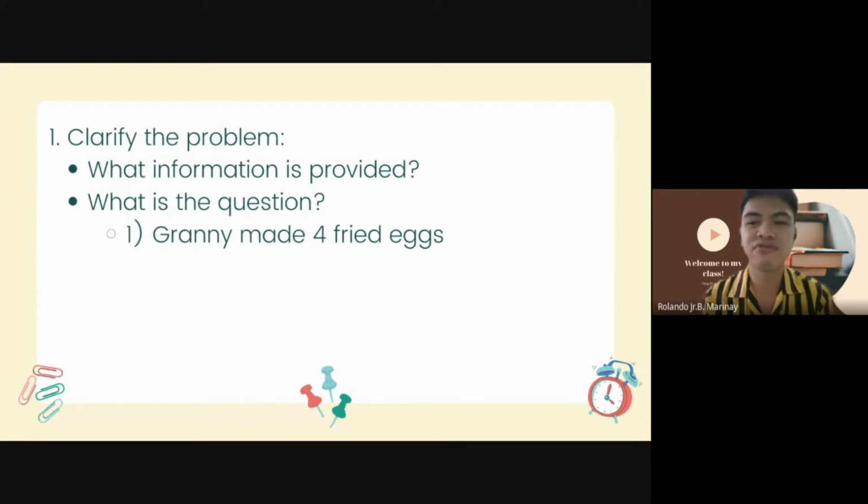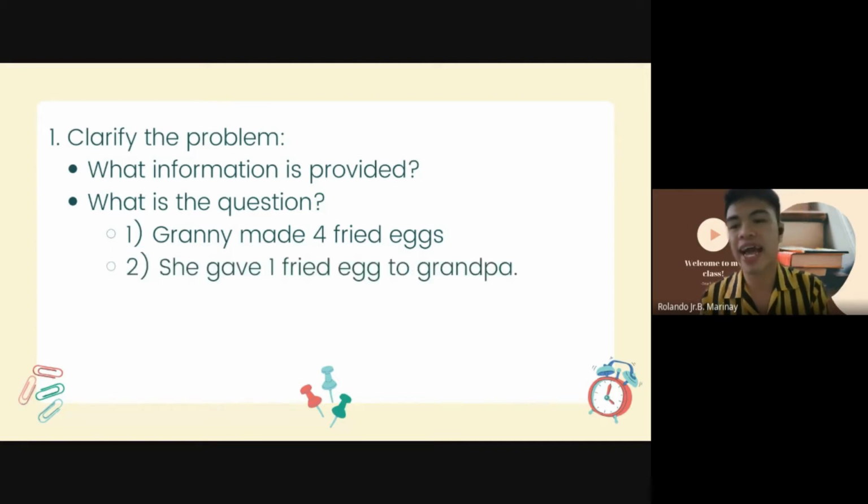So we have 2 parts of the problem, right? The first part is the information part, and the second part is the question part. Okay, so what is the information and what is the question? For the information, we have Granny who made 4 fried eggs.